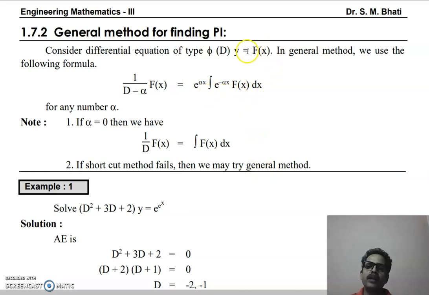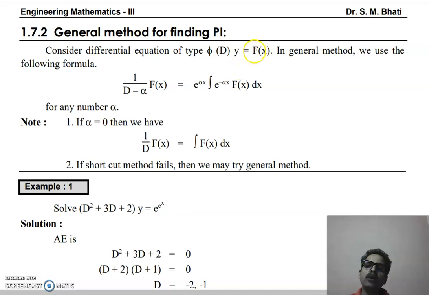You can see that the right hand side is f of x. If f of x is either e raised to ax, or sin(ax+b) or cos(ax+b), or hyperbolic function sinh(ax+b) or cosh(ax+b), a polynomial function like x raised to m, or a product e raised to ax into V or x into V, or f of x can be converted into these types, then we can apply the shortcut method.